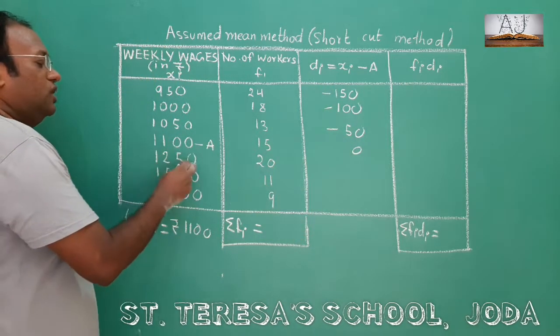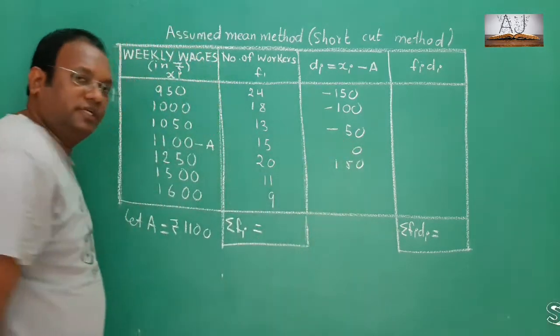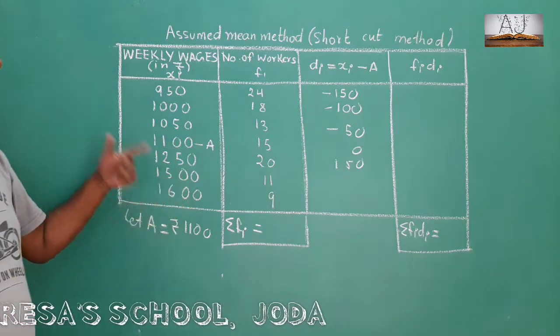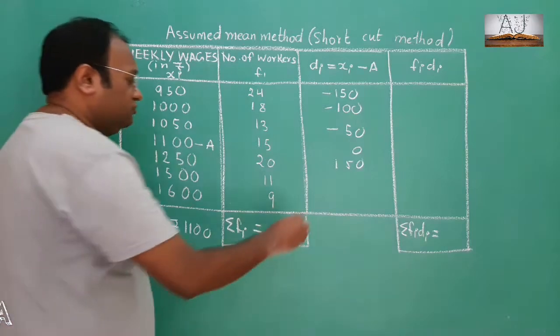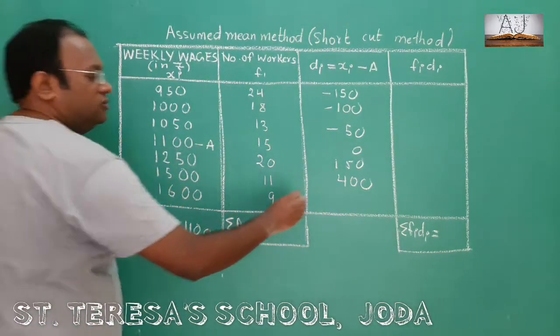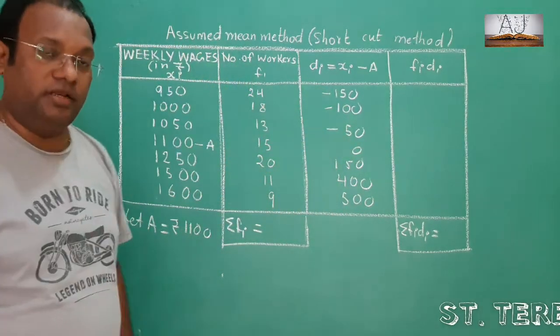Next, 1250 minus 1100 comes 150. Now it has started coming positive, after 1100. Now 1500 minus 1100 is 400. Then 1600 minus 1100 is 500. So these are the deviations from the assumed mean.